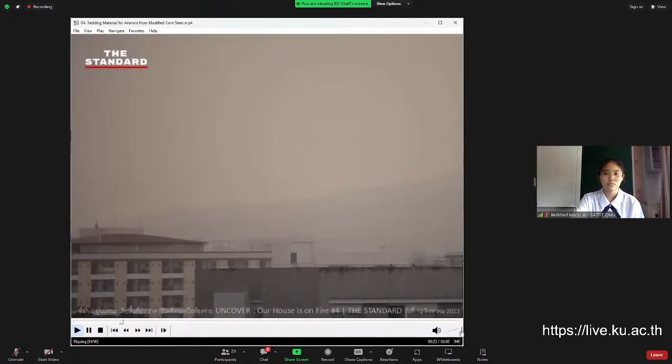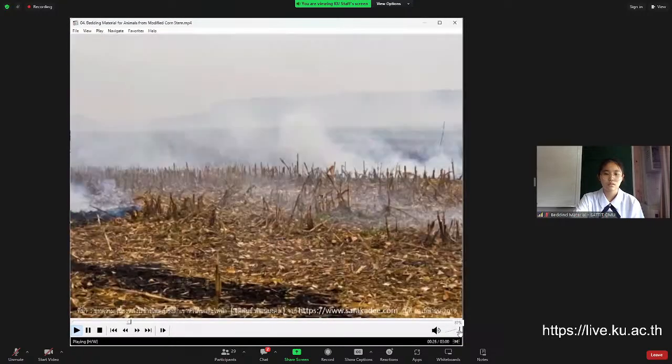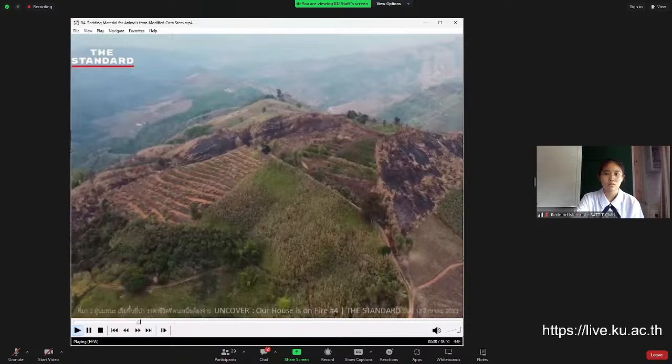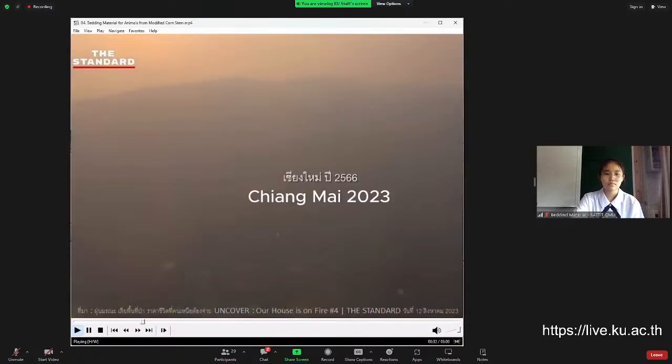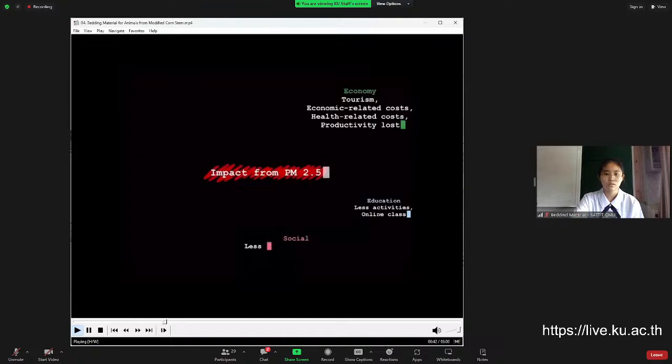Beautiful, but it's not fog. After harvesting, some farmers burn cornfields, which causes PM2.5. It has been happening every year. PM2.5 has impacts on various areas: economy, education, social, and most of all, health.